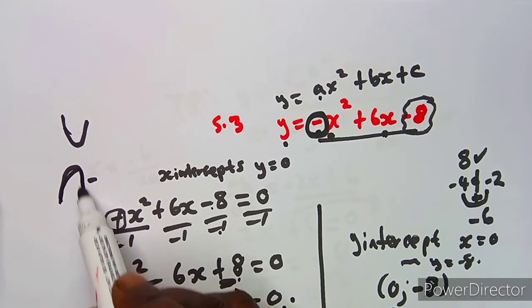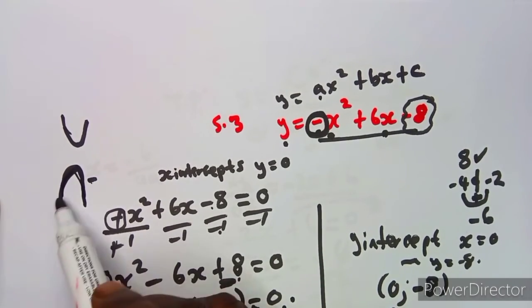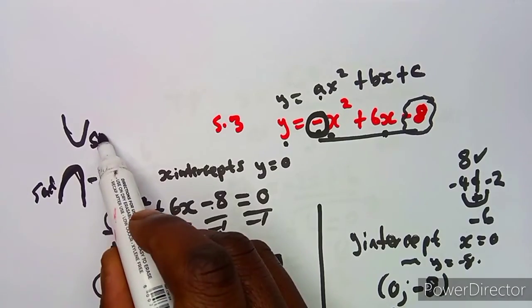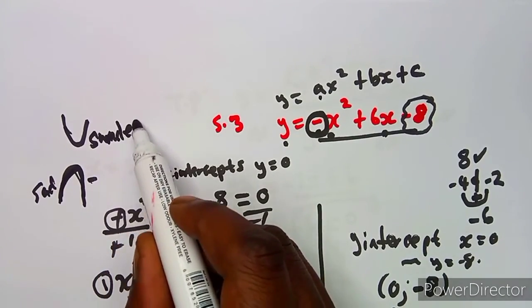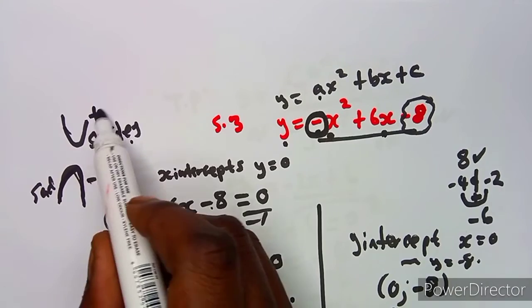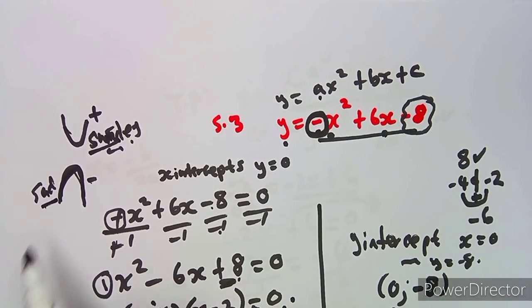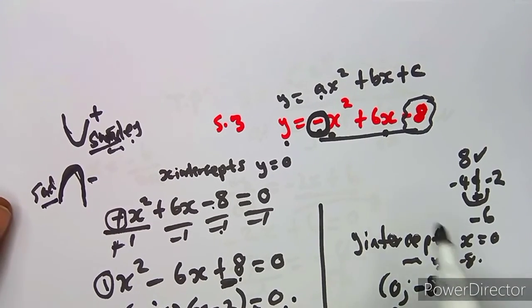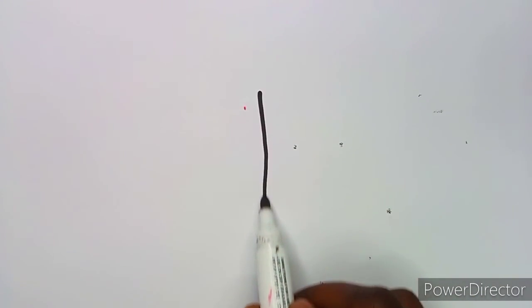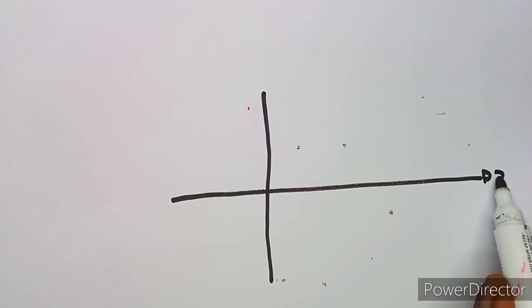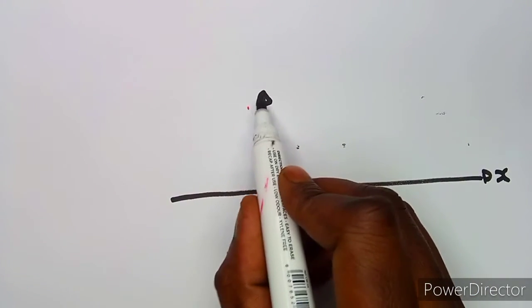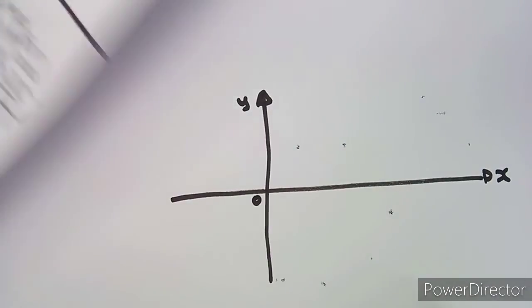So when positive, always smile; sad, always negative. So that is the condition that we are having. Which means our parabola is going to be like this. Remember, this is just a sketch. So that's x, and that's our y there, got our 0 there.